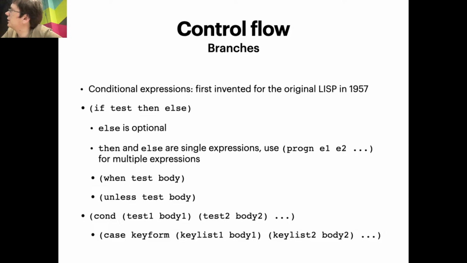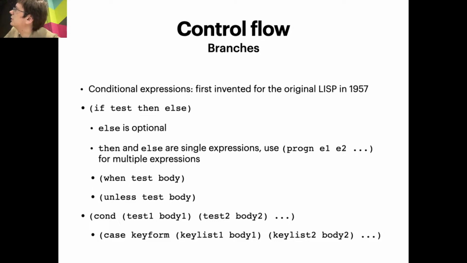And then we also have these special forms, when and unless. In this case, when is equivalent to if without else. So it returns the body when the test is positive. Otherwise, it just returns nil.